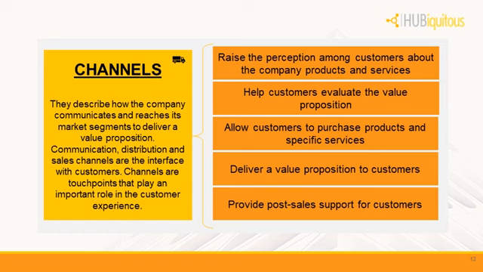If we have a great definition of our customer relationship, but we do not have the proper channels, we are going to fail in our objectives, okay? We are not going to meet the objectives that we have set. So these channels have different purposes. On one hand, they help us to raise the perception among our customers about the company and the products and services.